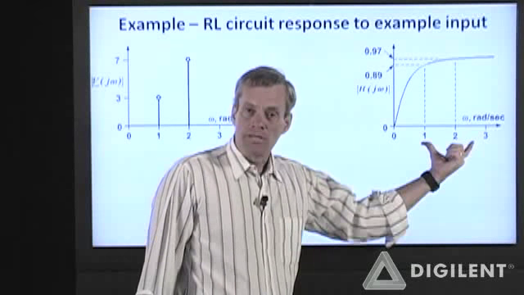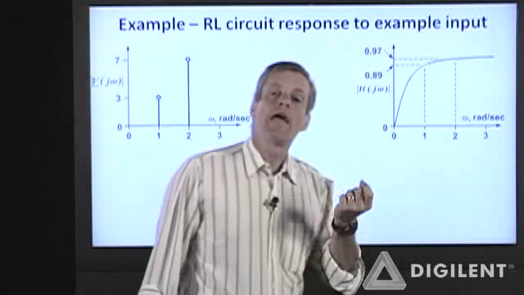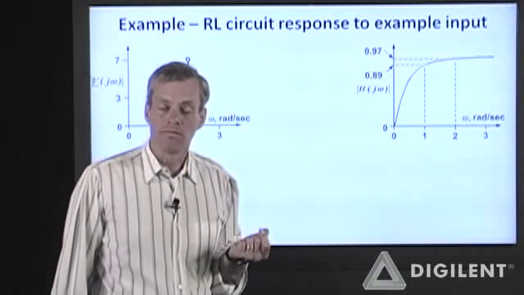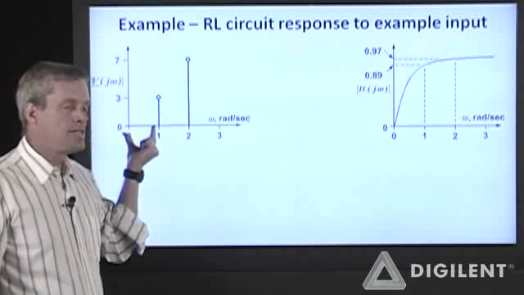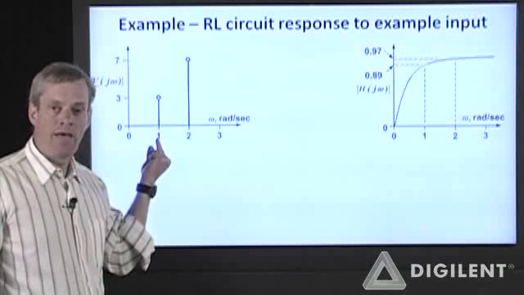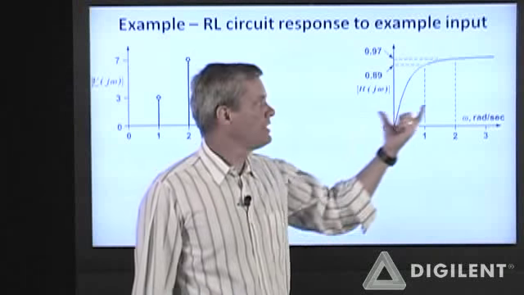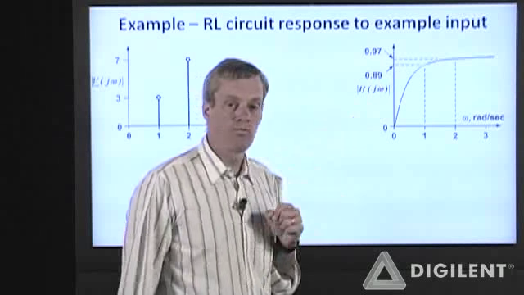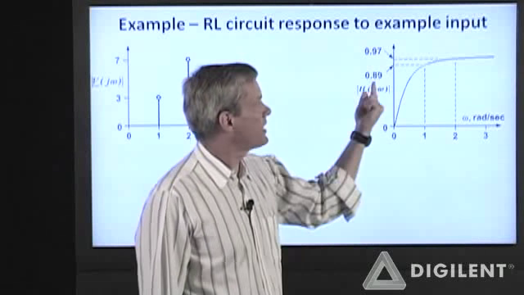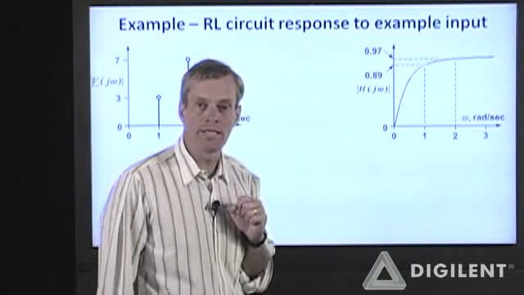My frequency response magnitude looks like this. It is defined for every frequency. However, the input magnitude is 0 for any frequency other than 1 radian per second and 2 radians per second. So I really only care about the amplitude response at those two frequencies. At 1 radian per second, my amplitude is 0.89. At 2 radians per second, it's 0.97.